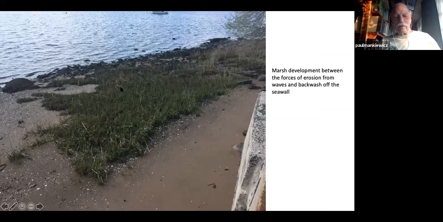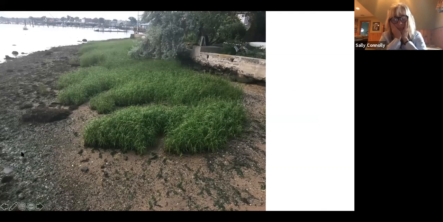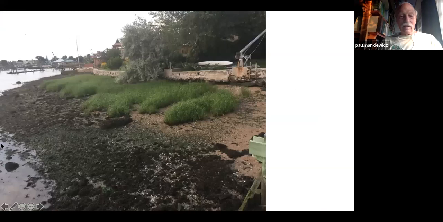So you can see this is early in the season. The plants are just getting going over by Barbara's Marsh here, and you can see something of the dynamics. So rock here, but this is much later, just a week or so ago. So the plants are basically structured so that the velocity of water is cut down.